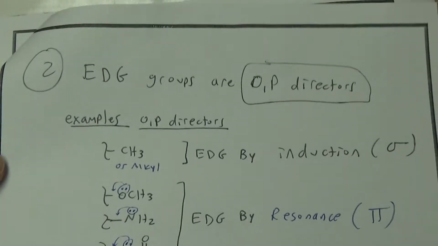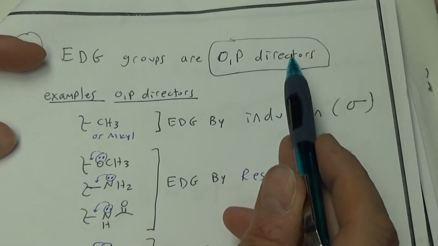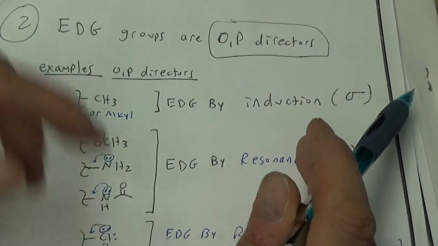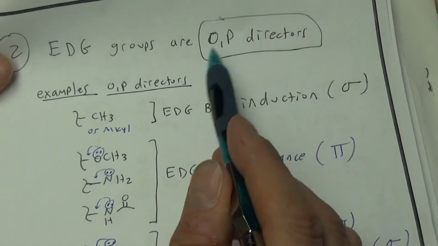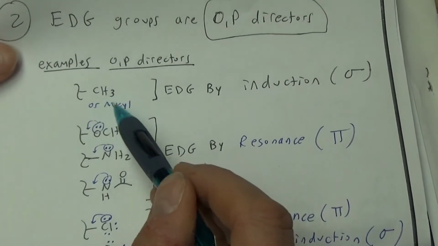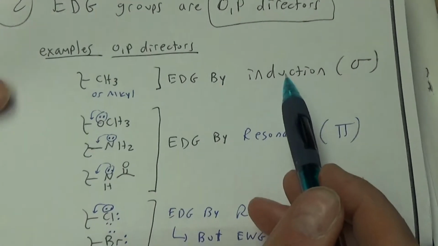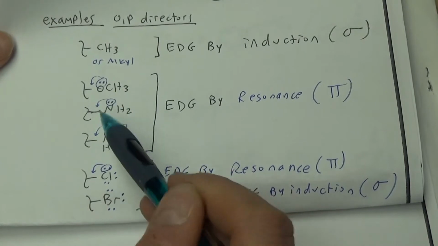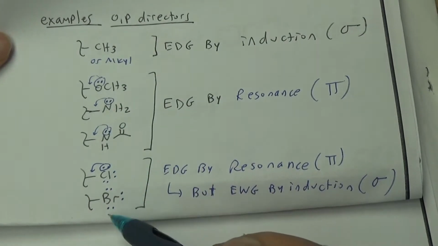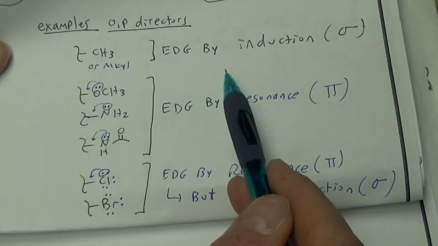Also from last time, we summarized the common ortho-para directors, and we'll talk about the meta directors this lecture. The common ortho-para directors are things like a CH3 or other alkyl group, and those are all donating by induction. And then almost anything with a lone pair: oxygen, nitrogen, different kinds of nitrogen, even chlorines and bromines are all ortho-para directors.